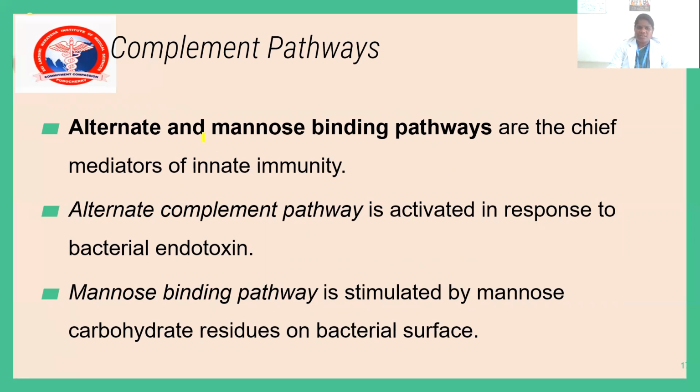So, as already mentioned, the alternate and mannose binding pathways are mediated by the innate immunity. They are activated in response to bacterial endotoxins. If the bacteria produce endotoxin, always gram-negative bacteria, that activates the alternate pathway so that the microbes are killed in that way.